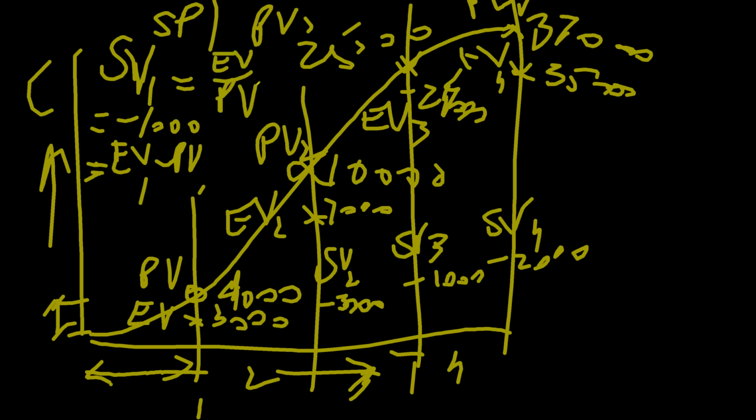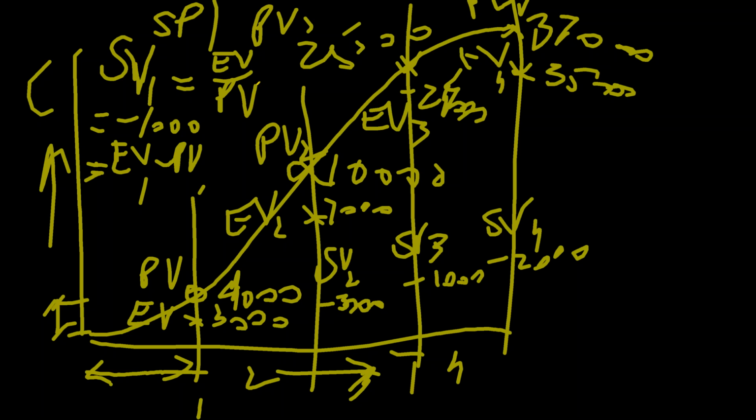Simply we have changed the formula, we have found the ratio between EV and PV. If EV and PV are equal, the answer will be 1. That means we are on schedule. If EV is more than PV, that is we are ahead of schedule. We have done more than what was expected.